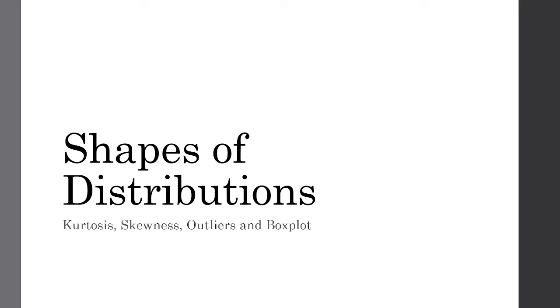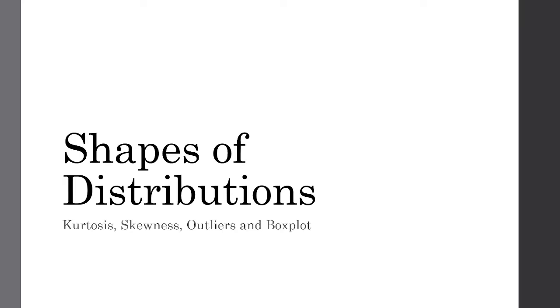But for today, we will be looking into how we can actually quantify that skewness or that shape of distributions, not just by merely looking into the graphs or the histogram or the distribution itself. Today, we'll be using the measures of central tendency, measures of location, and measures of dispersion to actually look into the shapes of distributions.